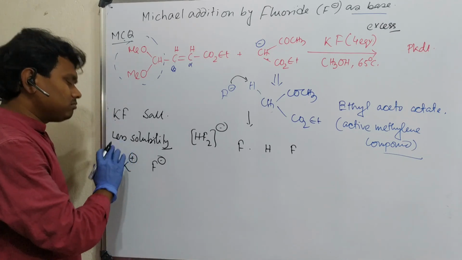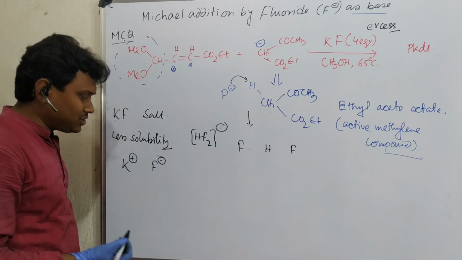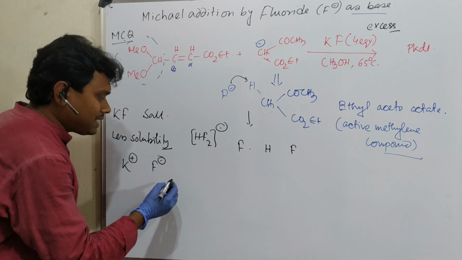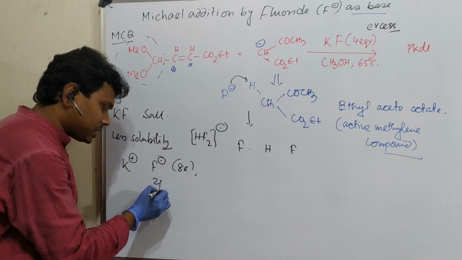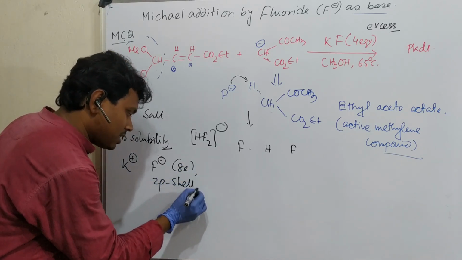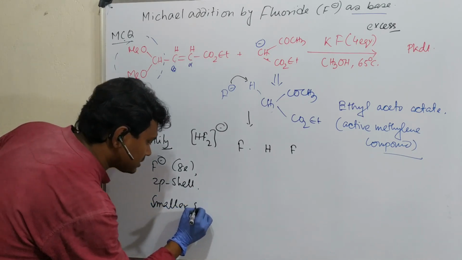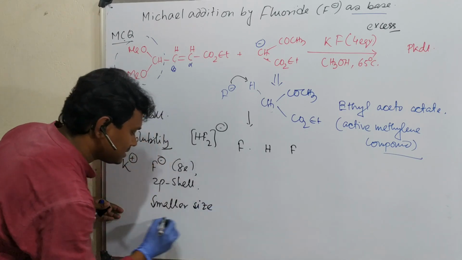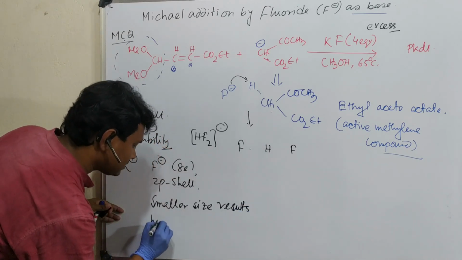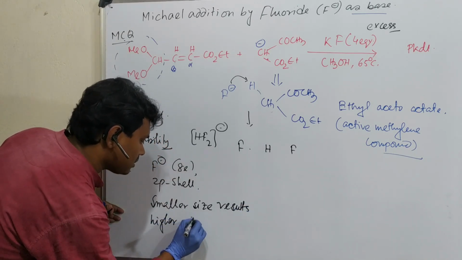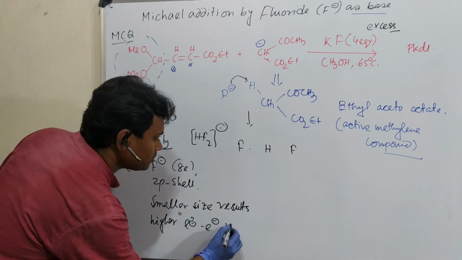But actually, how can fluoride act as a base? You may consider that fluoride is an 8 electron species, and the last electron goes to the 2p shell. So the 2p shell means smaller size. Smaller size results in higher electron repulsion.